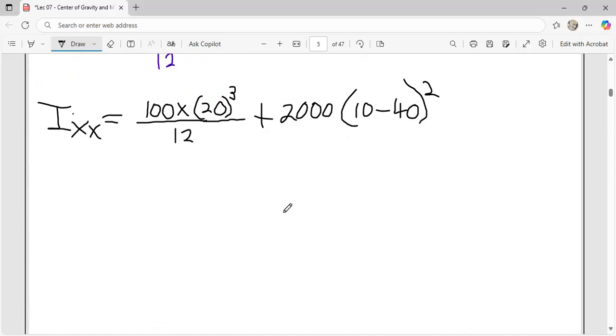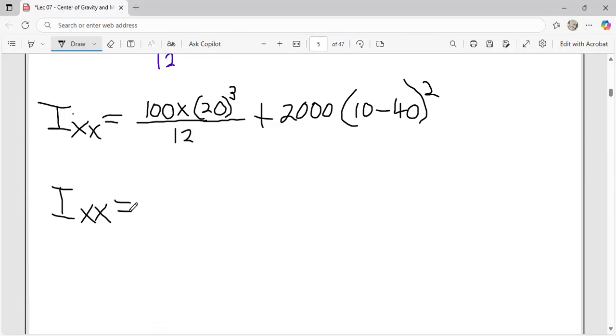After punching all of this into the calculator, let's all punch it together. First of all, when you pick up your calculator, you press on. After that, you press the division symbol. When it comes, you realize that the cursor is on the numerator. So you punch 100 times, open a bracket, 20, close the bracket, raise to the exponent of 3.